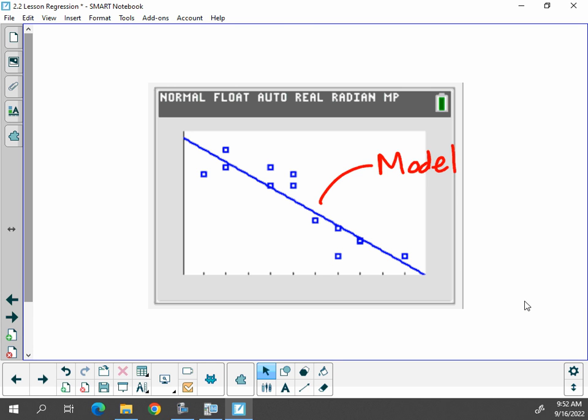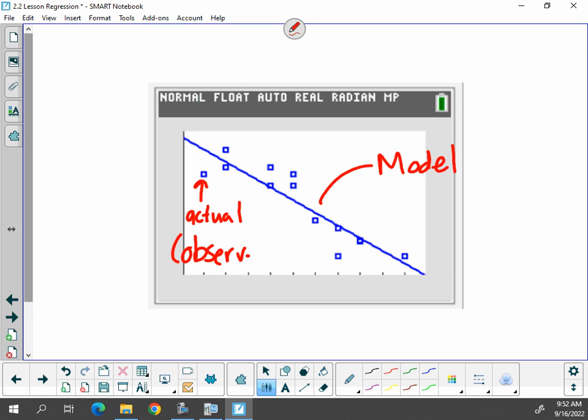So I just want to point out that we have this distance between our actual data point and the line. So this is the actual thing we observed. We would call it an observed. And then if we go straight up onto the line from that data point, this is what we would predict given our model.